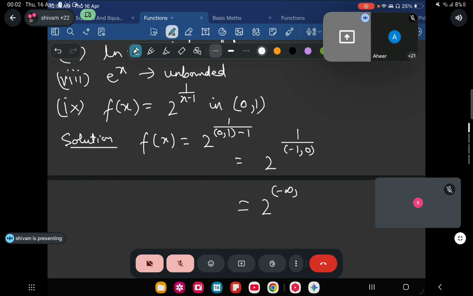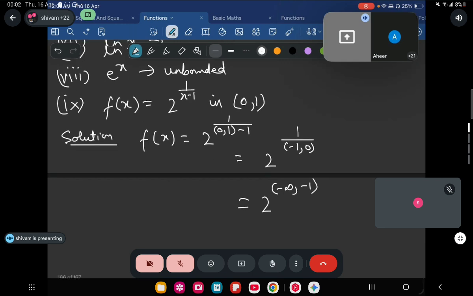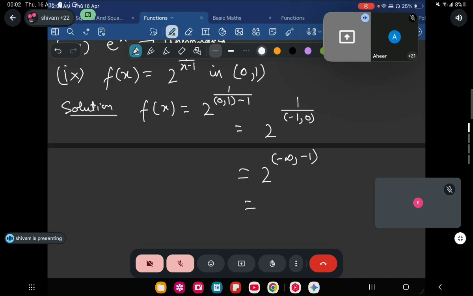So it will be minus infinity, minus 1, open. 2 to the power minus infinity is equal to 0. 2 to the power minus 1 is equal to half. So the range is 0, half. Hence, it is bounded.